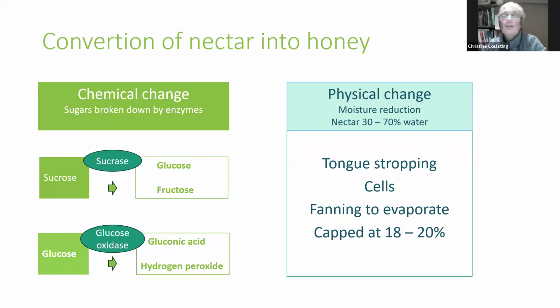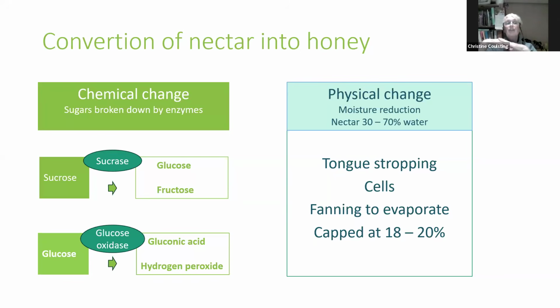Conversion of nectar into honey. So the foragers bring it back and they offload. As the foragers load up with nectar from the flower, the nectar goes into their honey crop, and at that point enzymes are added.